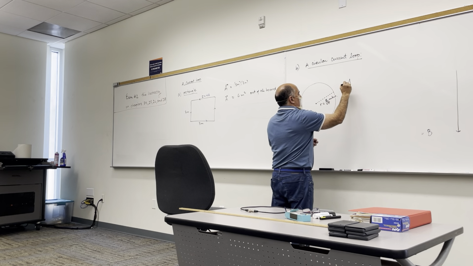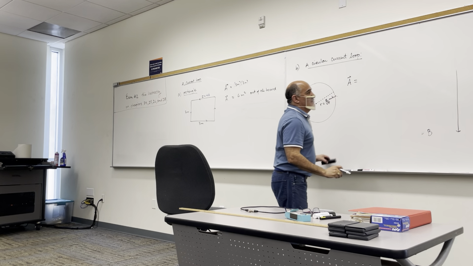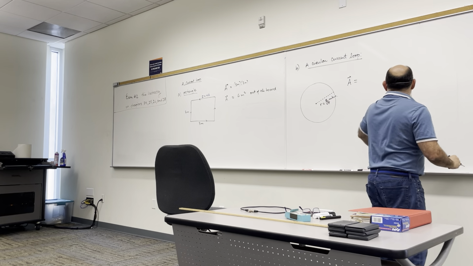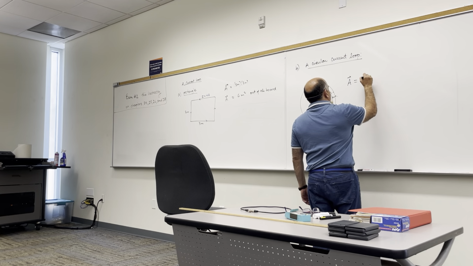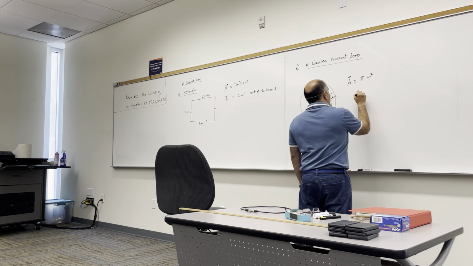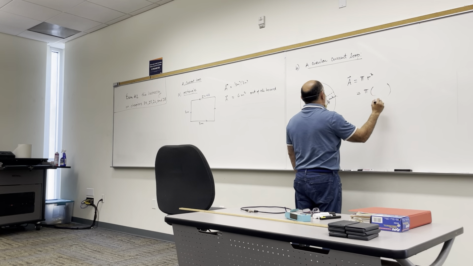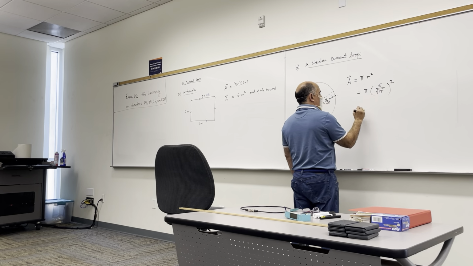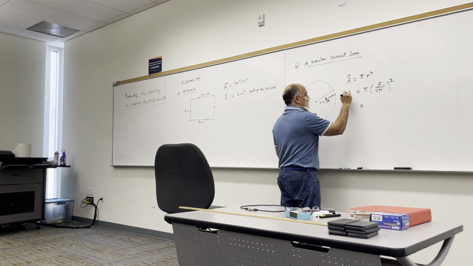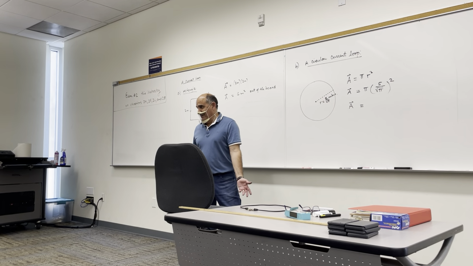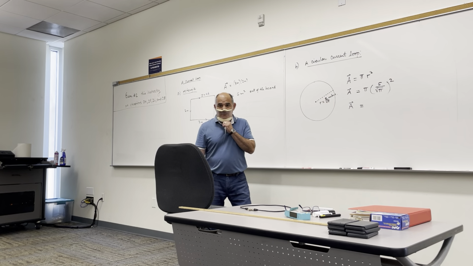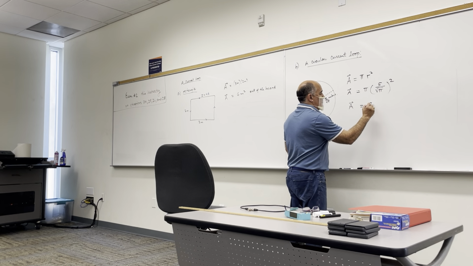So what will be the area vector of this? Well, what is the area of a circle? Pi r squared, correct? So it will be pi times, what is that radius? It is 5 over the square root of pi, right? Squared. Can you see now why I selected that weird radius? So the area is what? 25 meters squared, exactly.